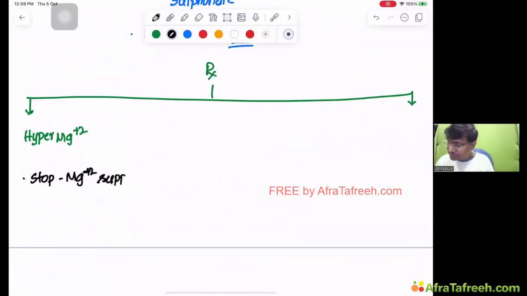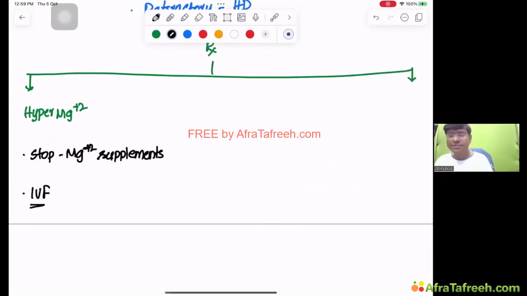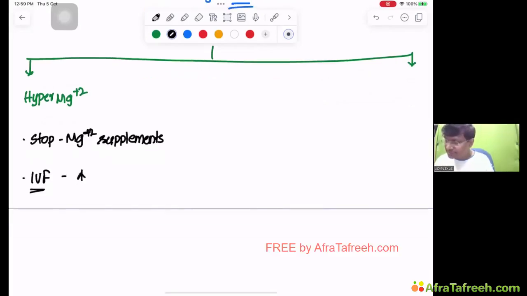Magnesium supplements or magnesium containing antacids have to be stopped. The other thing is IV fluids should be given. What is the purpose of giving IV fluids? Administration of IV fluids, such as saline solutions, will help in increasing the urine output and promote the excretion of the magnesium, and thereby will normalize the magnesium levels.